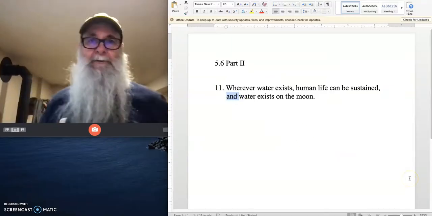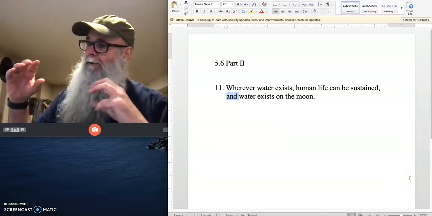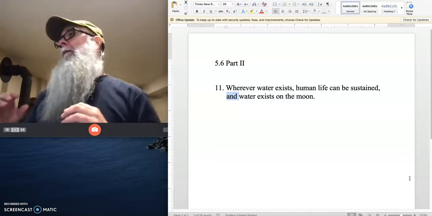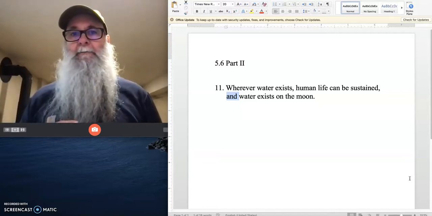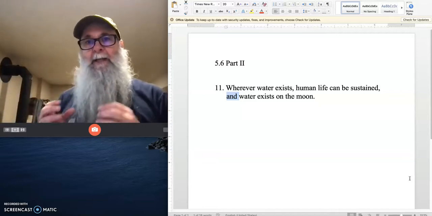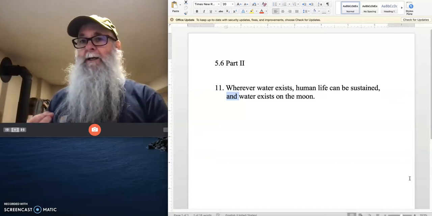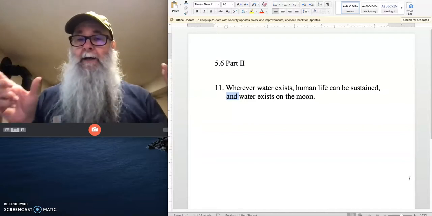The word and. When you see a word like and it's taking two sentences and joining them together, kind of adding them together, that word and is telling you that these two sentences are doing the same thing. They're serving the same function, okay? When you have a word like consequently or because, you're going to have two sentences that aren't doing the same thing, right?